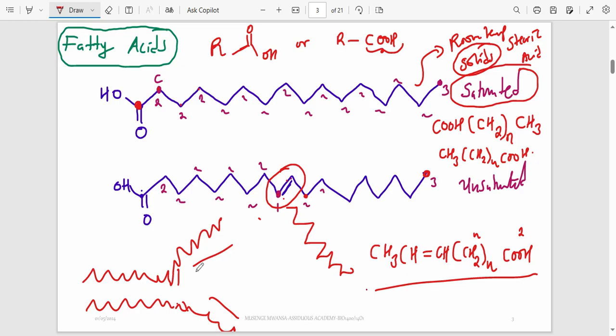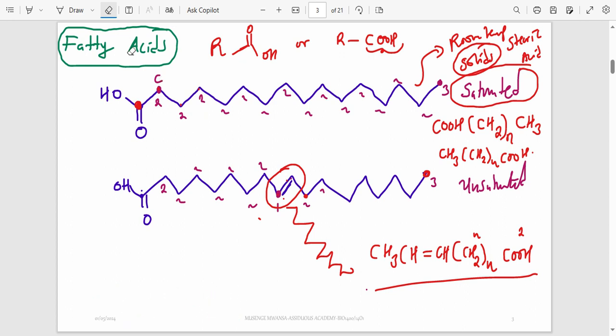Because they have gone away from each other, that means that the forces of attraction between them are few. Because of that, they will not be solids. They'll end up being liquids. So at room temperature, unsaturated fatty acids are liquids. Take note of that, they are liquids. And they are going to be liquids at room temperature.